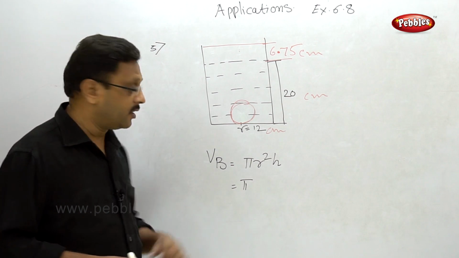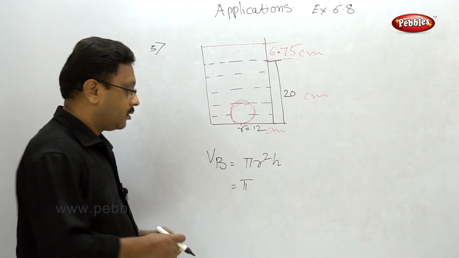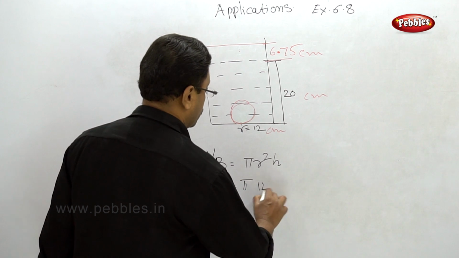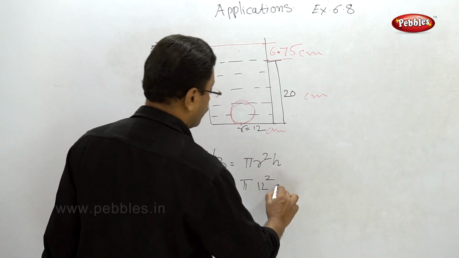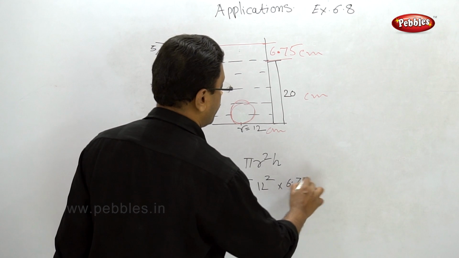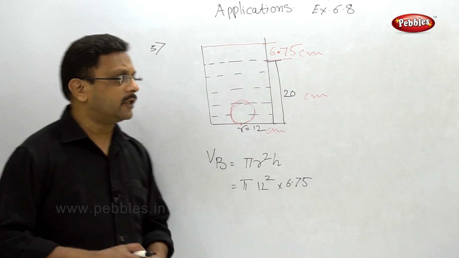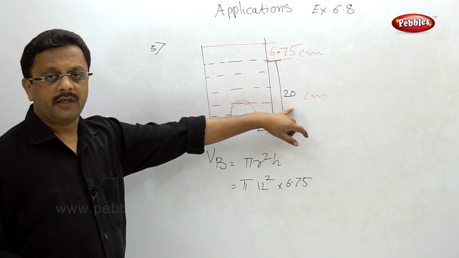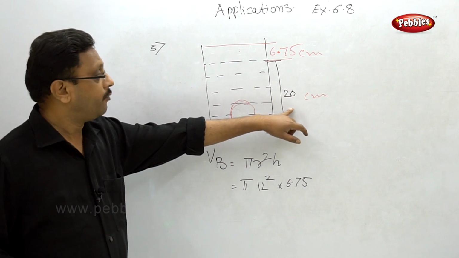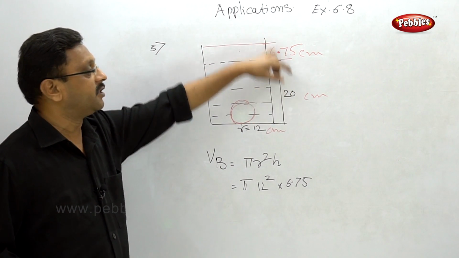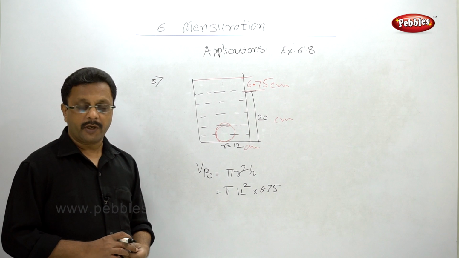And what is r here? The r of the cylinder. So pi into 12 square into 6.75. Because we have to do nothing with this 20. This 20 is useless information for us. We are only interested in how much the water level is increased. Okay.